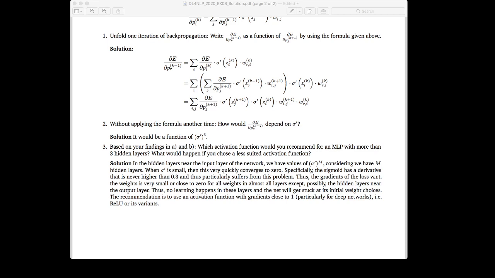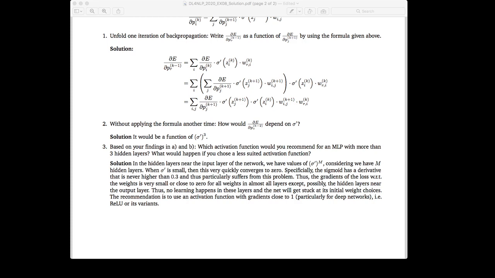If the derivative of an activation function is very small, for example, the derivative of a sigmoid is 0.25, then after multiplication of 0.25 m times, the final gradient will get very close to zero, right?